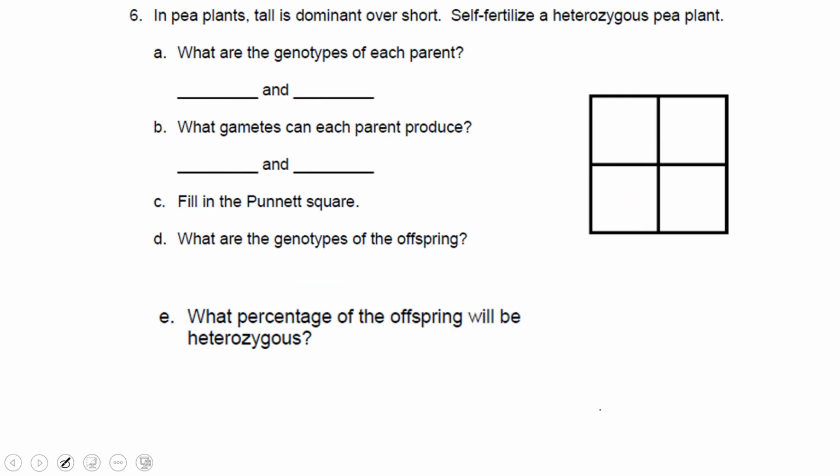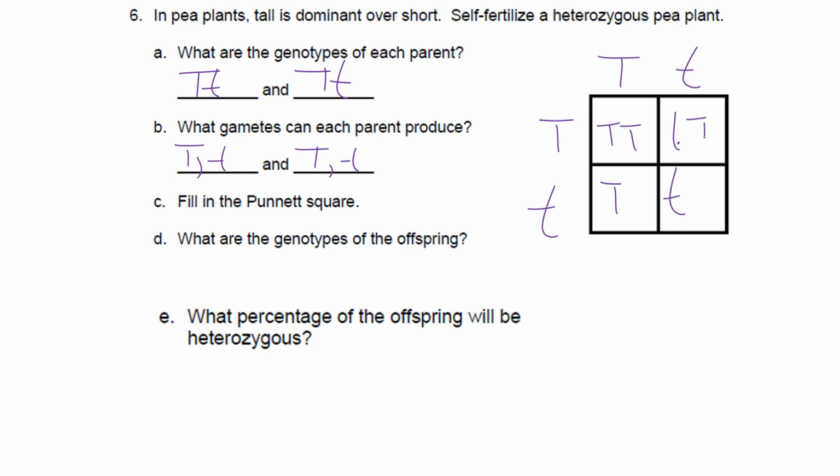In pea plants, tall is dominant to short. Self-fertilize a heterozygous pea plant. Heterozygous means two different letters. And if we're self-fertilizing, it's both the mom and the dad. What gametes can it produce? For this parent, big T, little t, or big T, little t. We'll fill those in around the Punnett Square. And then top stuff down, side stuff over.